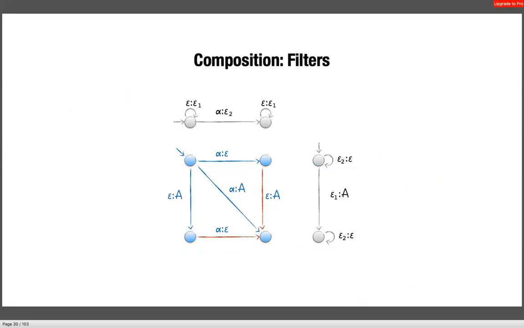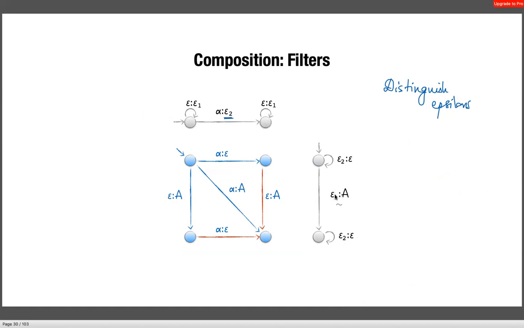So let's start with the following, which is that we're going to try and distinguish the epsilons. Okay, so what am I doing here? I'm saying the epsilon produced as output by the implicit self loops, I'm going to change to epsilon 1. And the epsilon which is produced as the output in the non-self loop transitions, I'm going to change to epsilon 2.